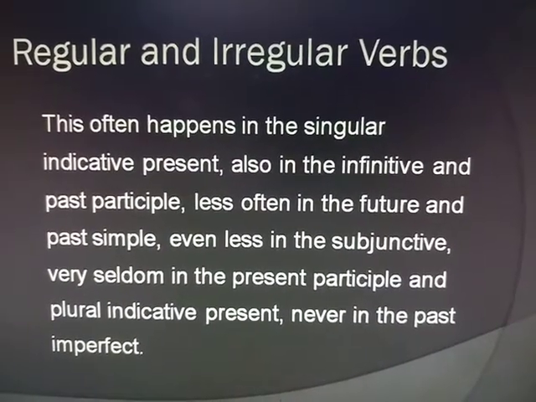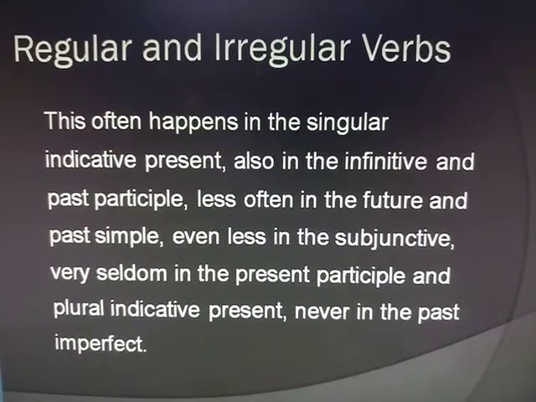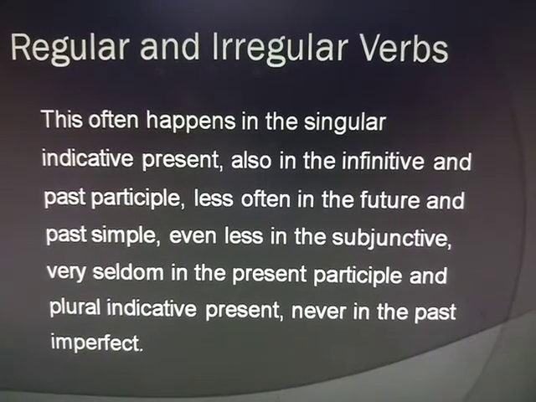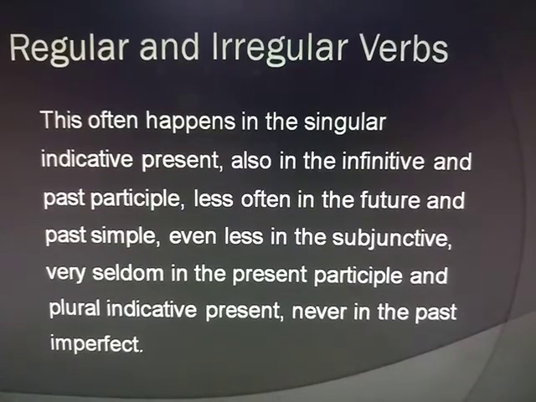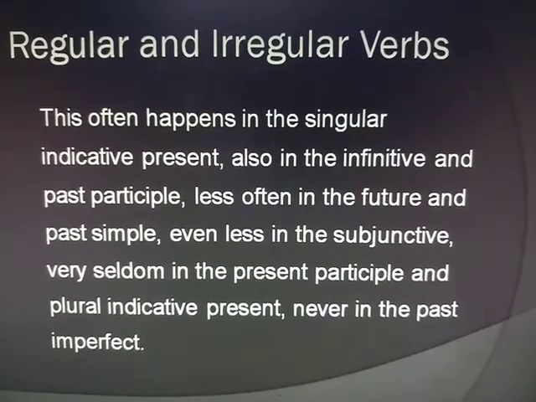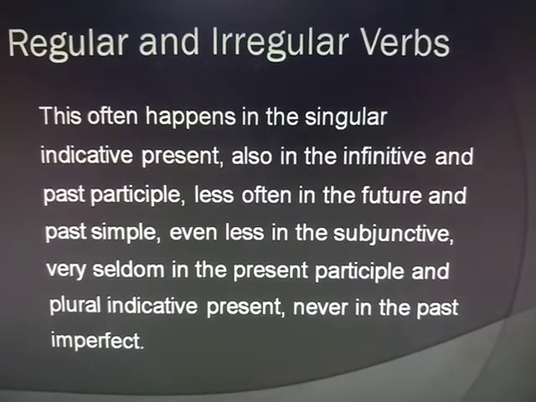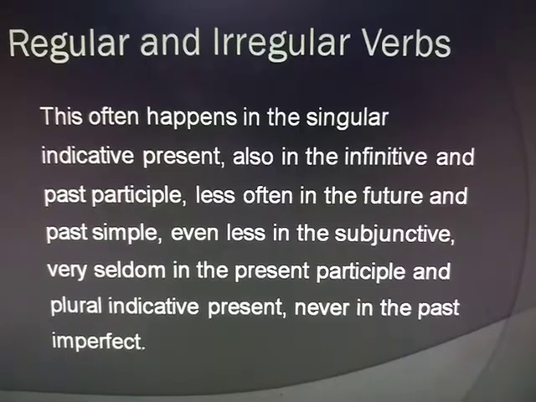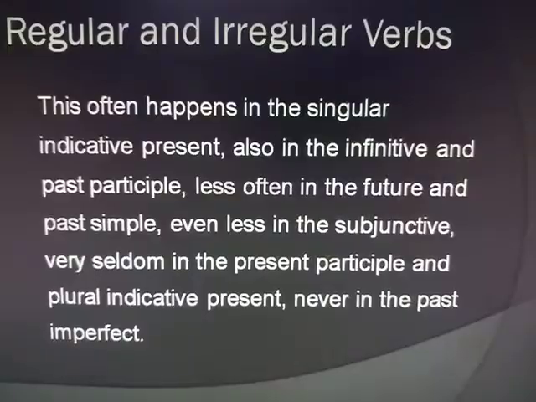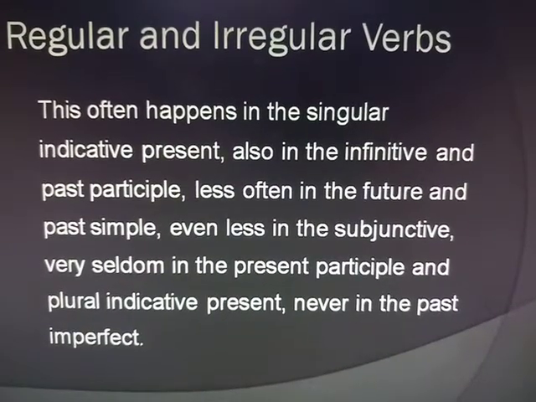This often happens in the singular indicative present, also in the infinitive and past participle, less often in the future and past simple, even less in the subjunctive, very seldom in the present participle and plural indicative present, and never in the past imperfect.